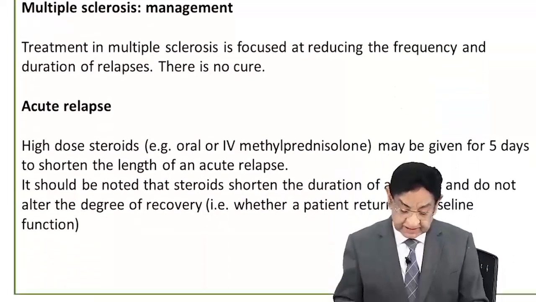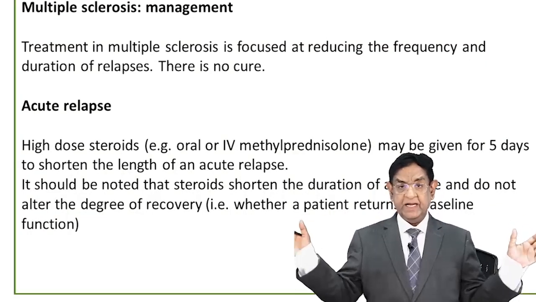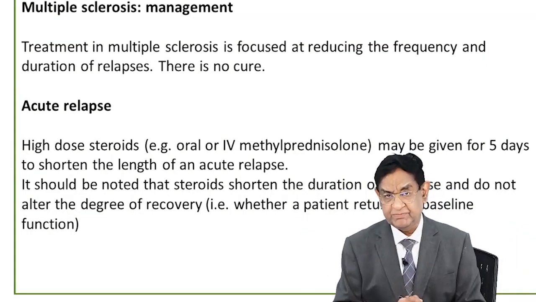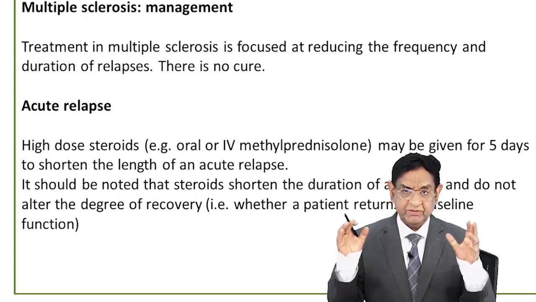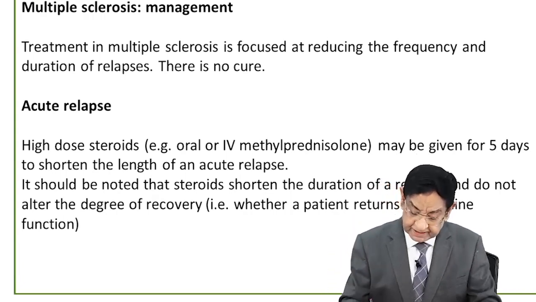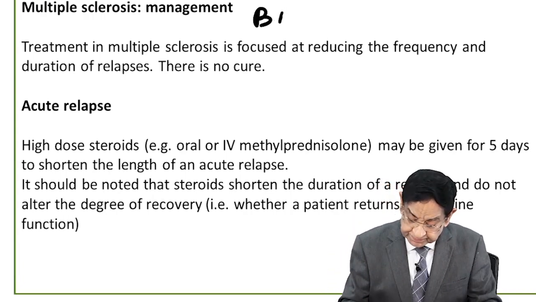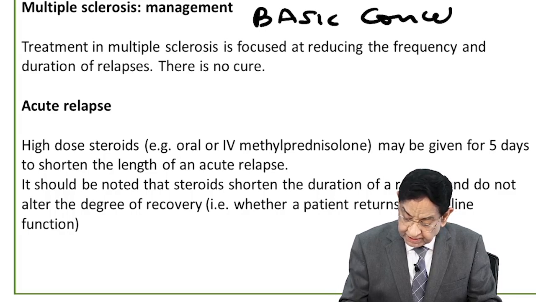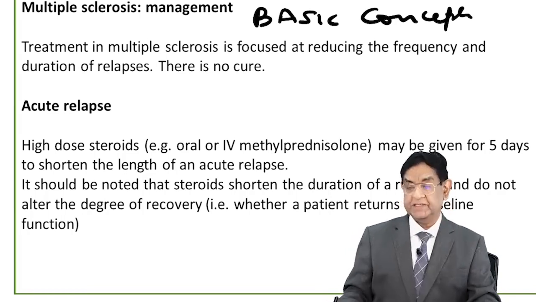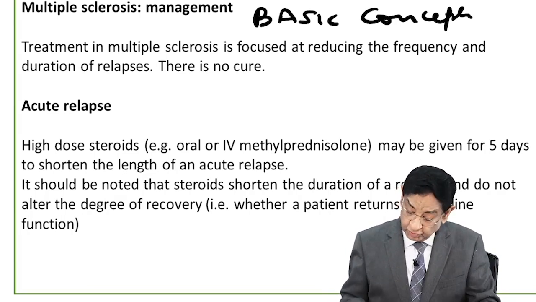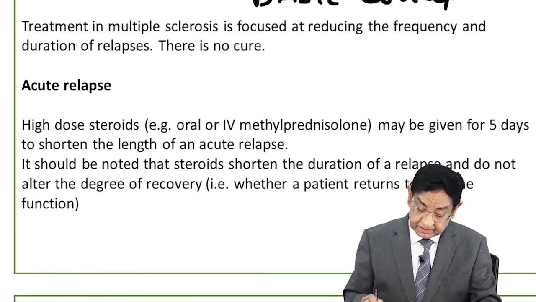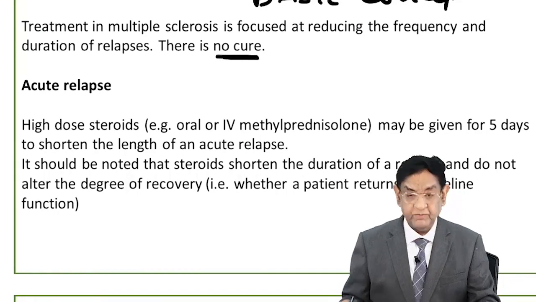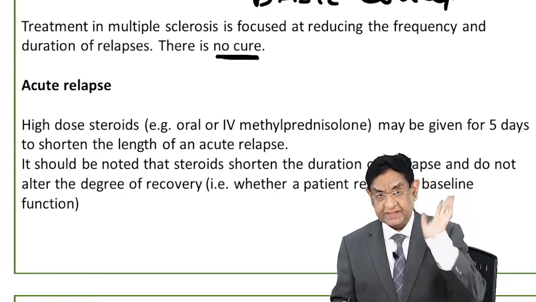So let's learn in great detail how we really manage a case of multiple sclerosis, once our basic concepts are clear. There's no cure. Once the disease is there, it will be there.